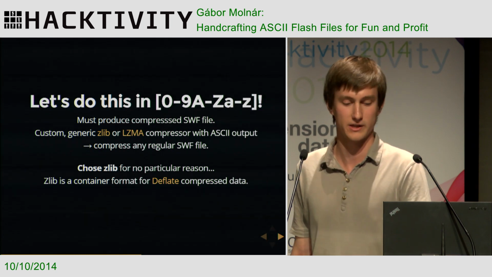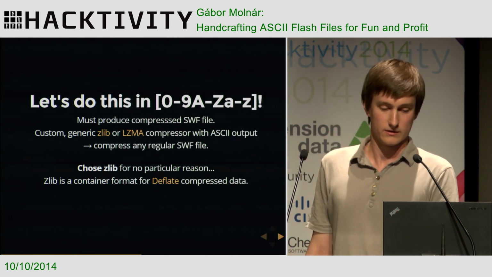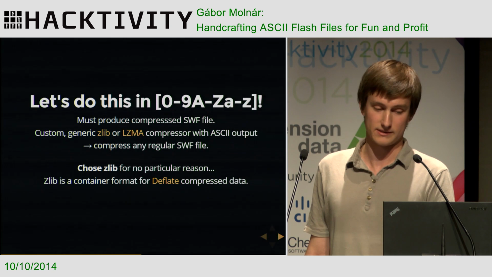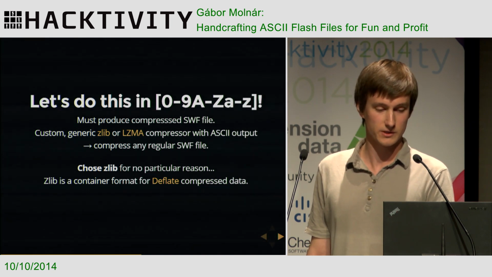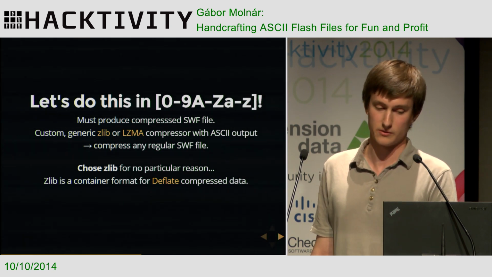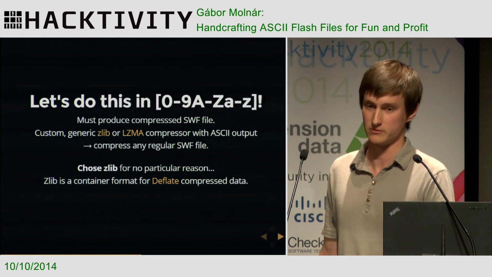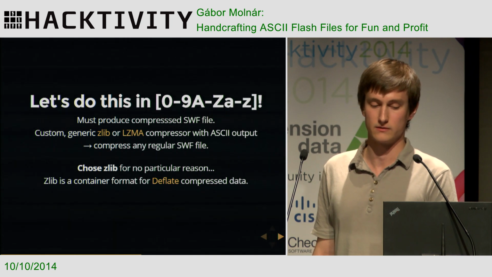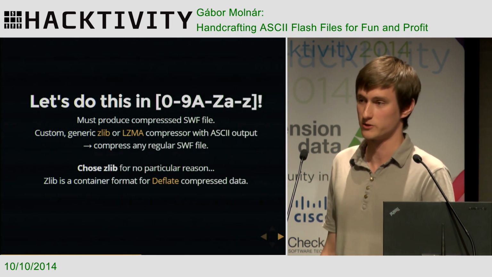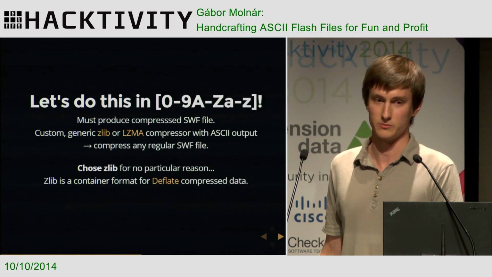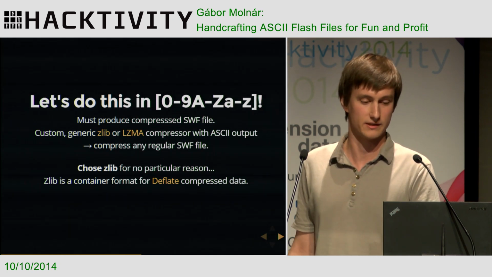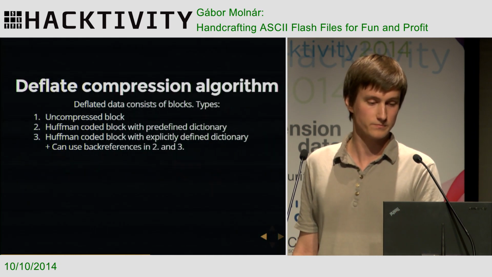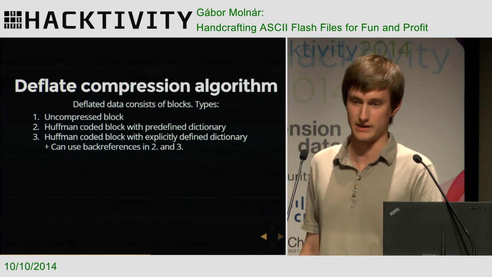I picked zlib, maybe LZMA would have been easier, but I started with zlib. Zlib is just a container format. It has the length at the beginning and checksum at the end, and in between it uses the Deflate algorithm, and this Deflate algorithm had to be tuned to meet the constraints on the values.